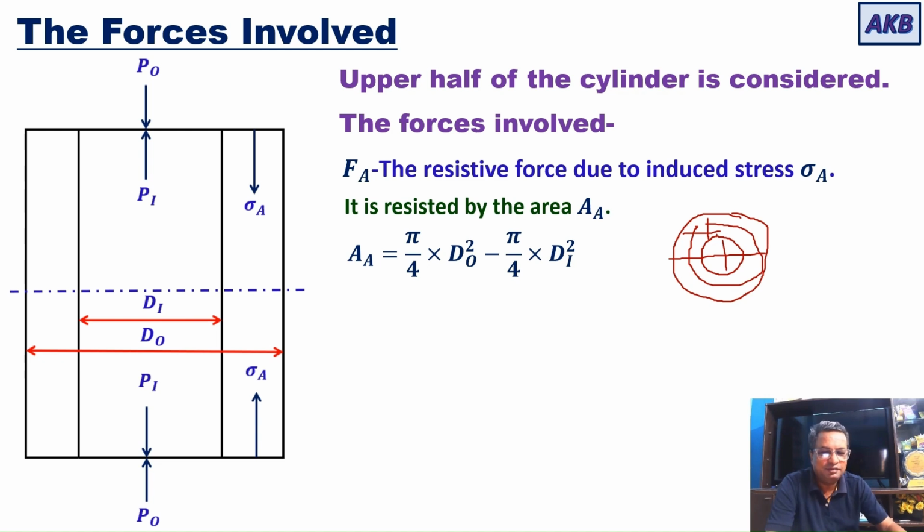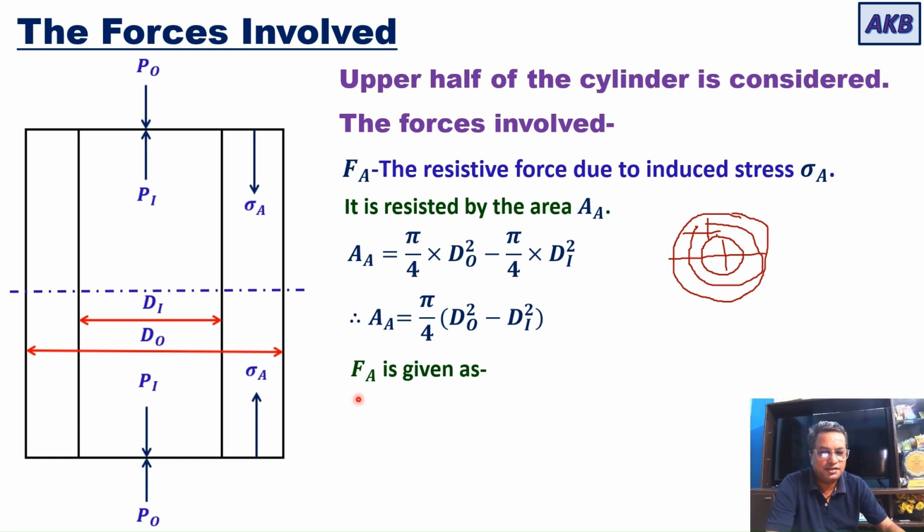And this area will be given by pi by 4 into do square minus pi by 4 into di square, the outer area minus the inner area. That gives us this area, the area that is resisting the resistive force. Okay, so therefore, if you simplify, you can take pi by 4 common. So therefore, Aa will be equal to pi by 4 into do square minus di square.